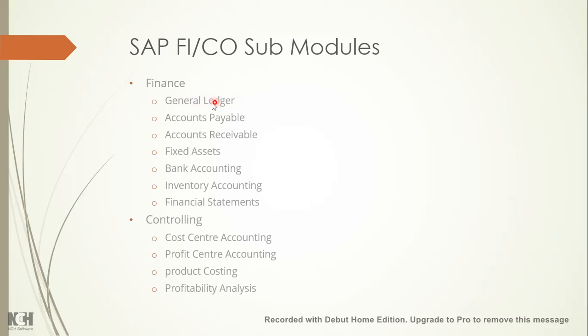So you need to understand how the chart of accounts is configured, how currency valuation is posted, how your entries flow from these sub-ledgers to GL. So there are lots of configuration involved to post to the GL account.